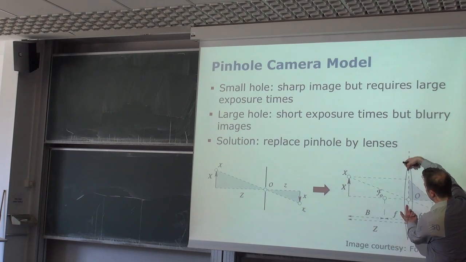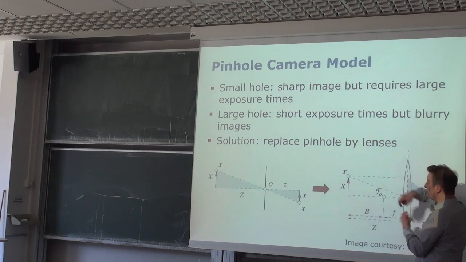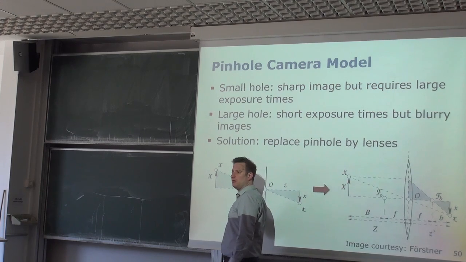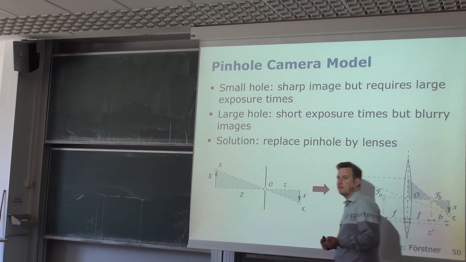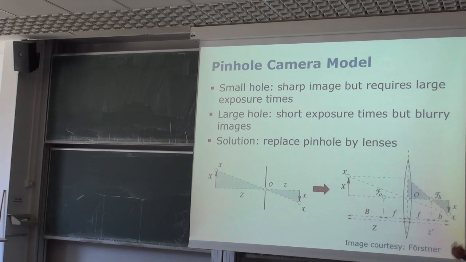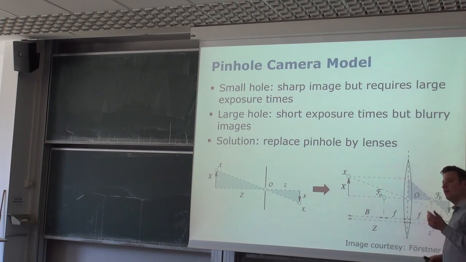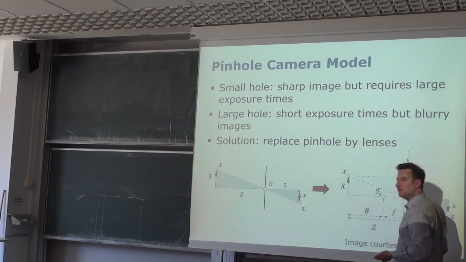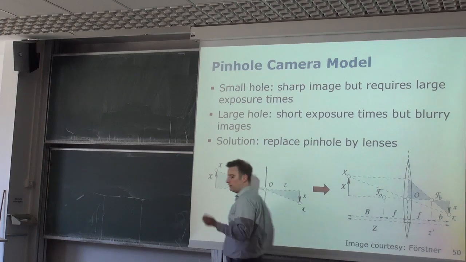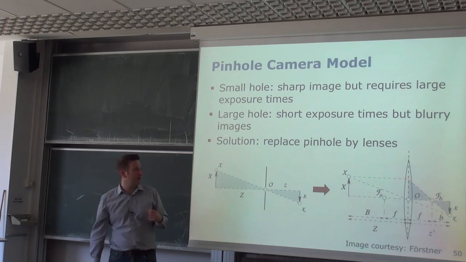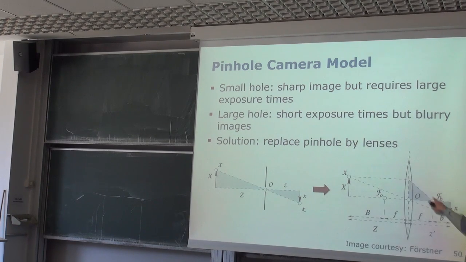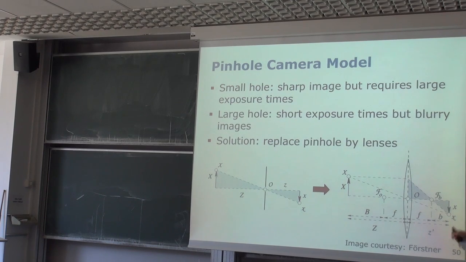The smaller we make the barrier, the closer we come to the pinhole model, the sharper our image typically gets, but the less light we have. So depending on how you control the aperture size, you control how much light you generate in here. And this point over here is a so-called focal point. All those rays from this line go through this focal point and generate our point x in here.